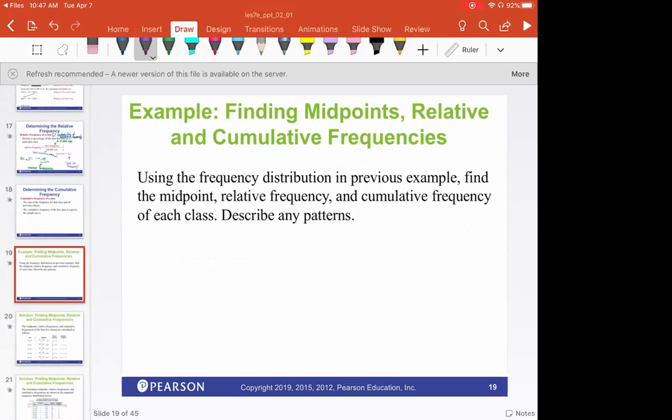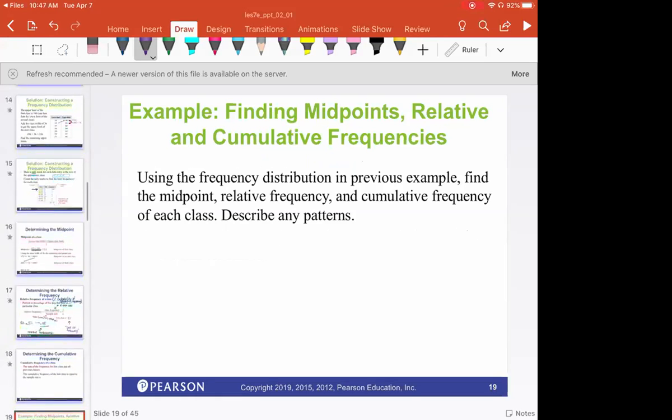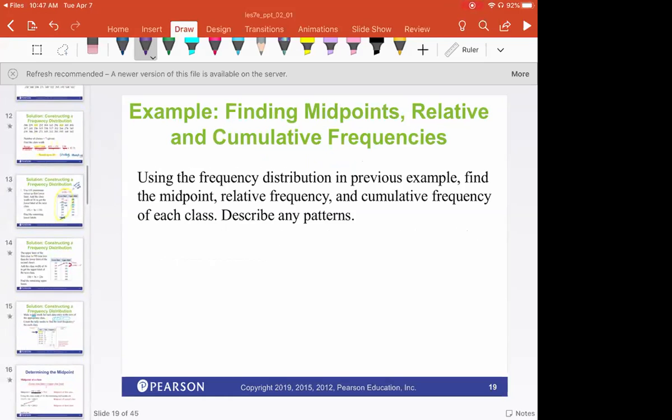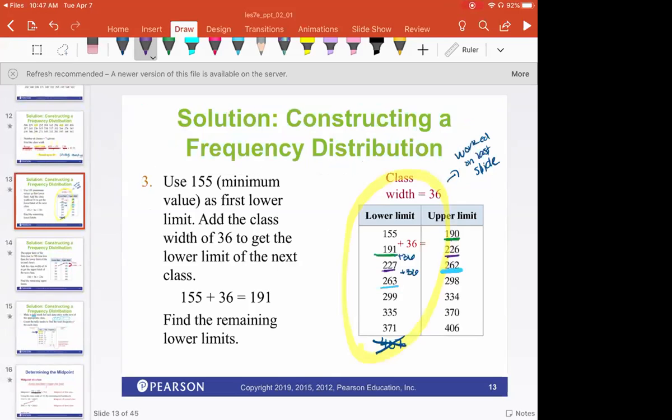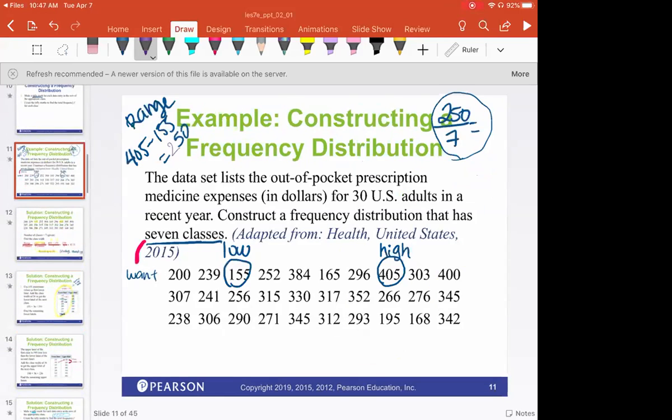All right, so let's take a break here to break down everything we did. We took a moment and we learned how to develop a chart using raw data. So here we were given this raw data, a list of out-of-pocket prescription costs for medicines, right?